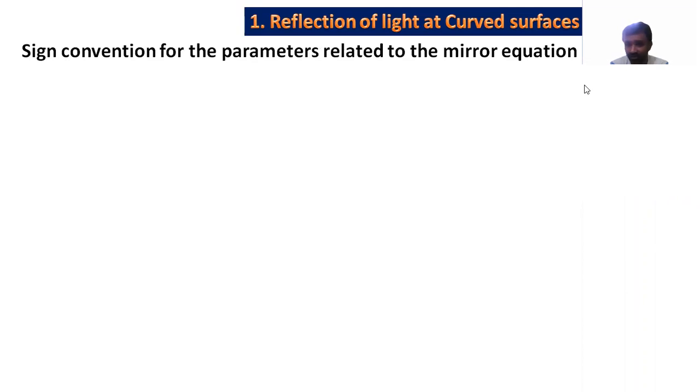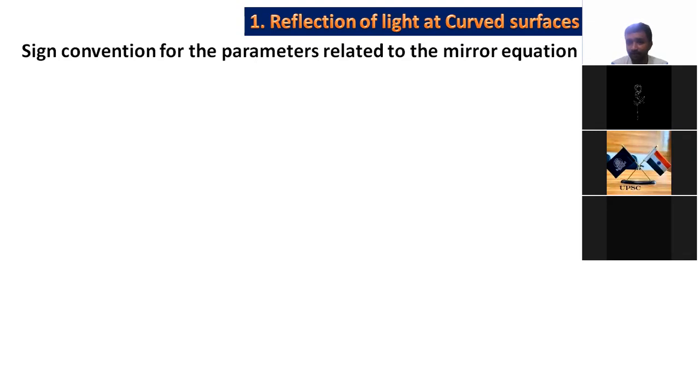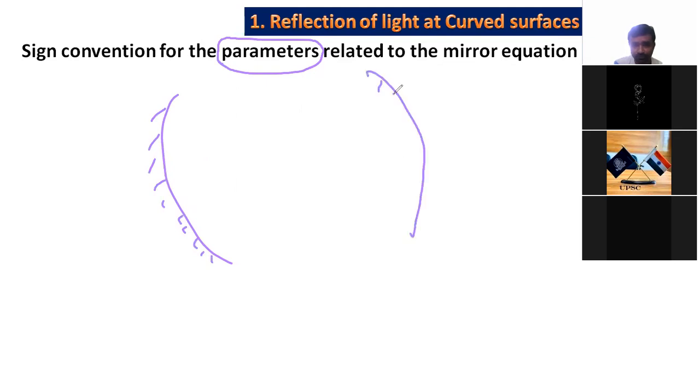What are actually parameters? What are you able to measure? Distances. What are you able to measure? Can anybody say? In front of the mirror or behind the mirror? Parameters. Speak out. Parameters which you are able to measure in front of a concave mirror or maybe in front of a convex mirror. What do you know?